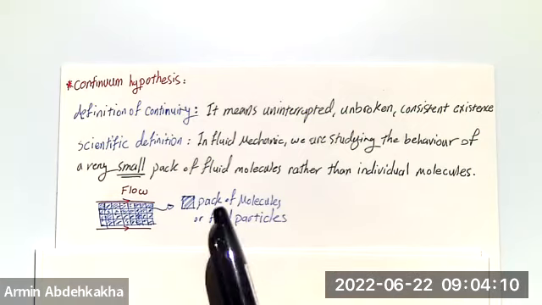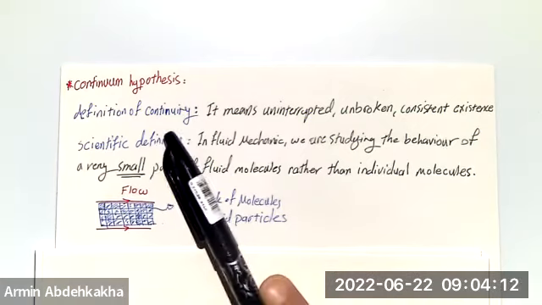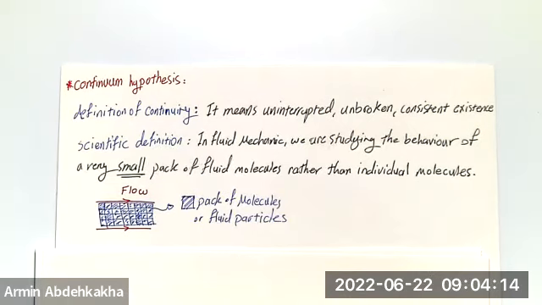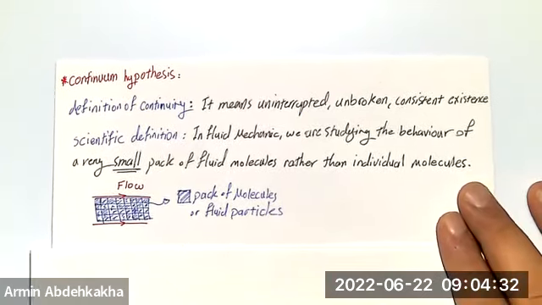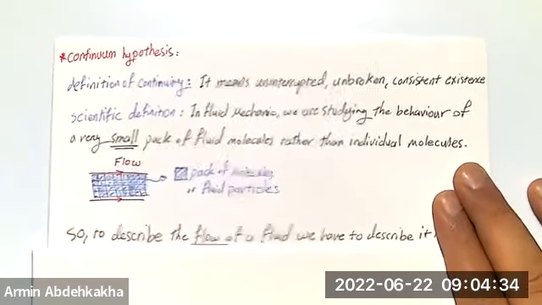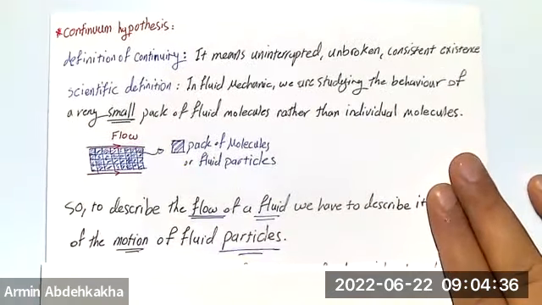So again, let's come back to the meaning of continuity. We said that we need to assume the flow is continuous, but at the same time, we assume that it has a bunch of fluid particles. How is it possible to assume that when you have already broken it into packs of molecules?